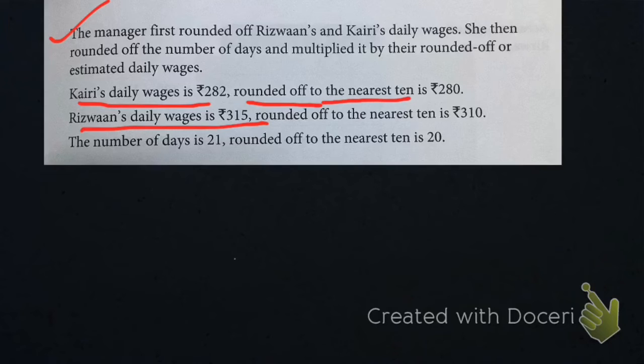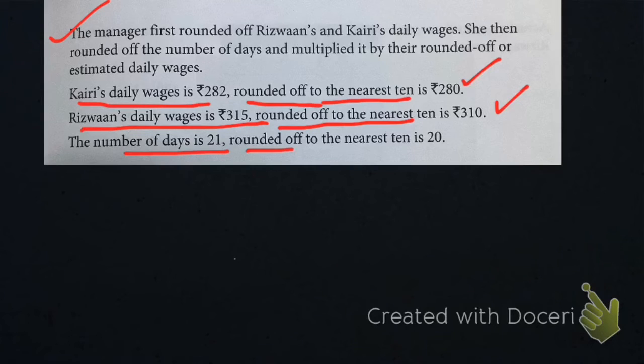Okay, so when you round off 282 to the nearest tens, it will become 280, and when you round off 315 to the nearest tens, it will give you 310. And the number of days they worked was 21.